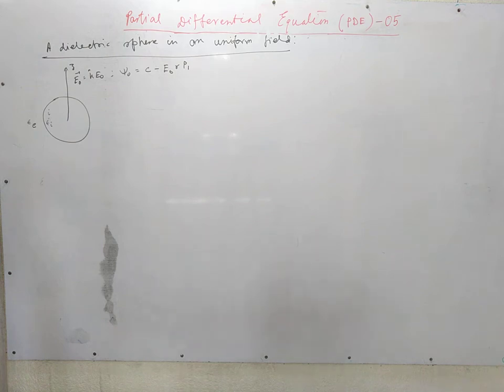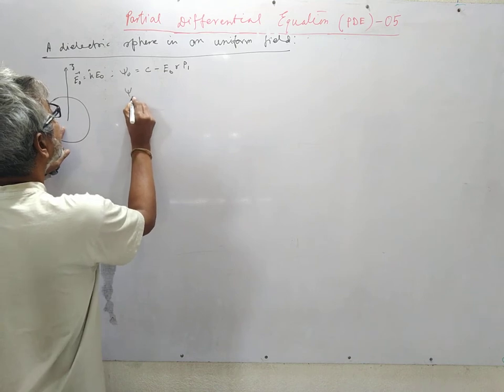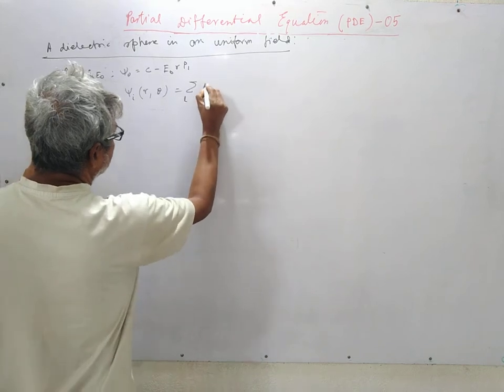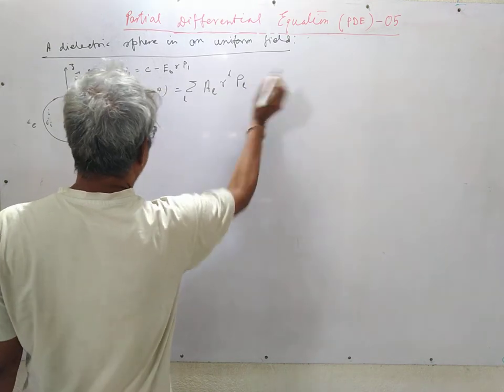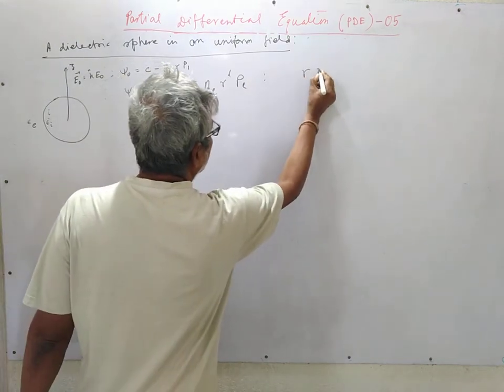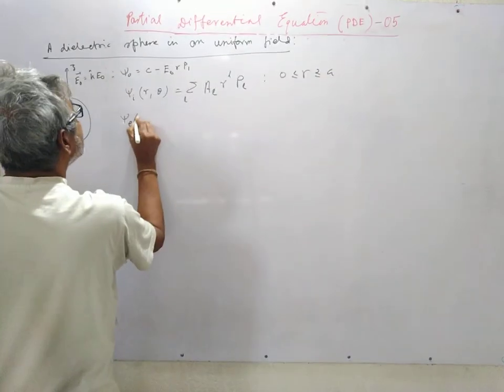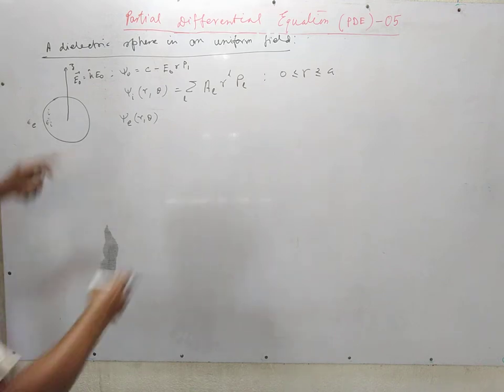For spherical symmetry, the solution is: phi internal is the summation over L of AL r to the power L PL of cos theta, for r between 0 and a. For the external region, as r tends to infinity, the potential must go to the existing field's potential.